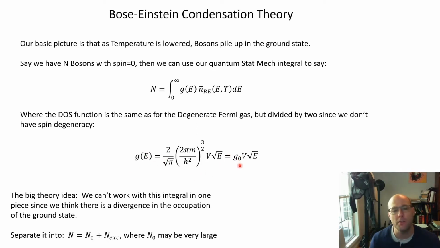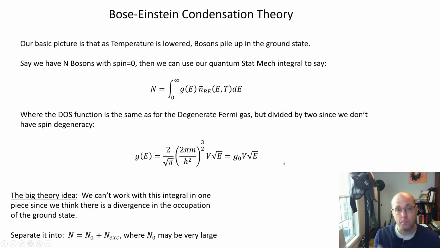And so for a few slides anyway, I'm going to just write this as G0 times the volume times the square root of energy. Kind of the important point here is that we have a square root of energy rather than an E squared like we did for the photons or the phonons. That just comes from the fact that you have an ideal gas with a non-relativistic kinetic energy. Anytime you have that, you will get this dependence.